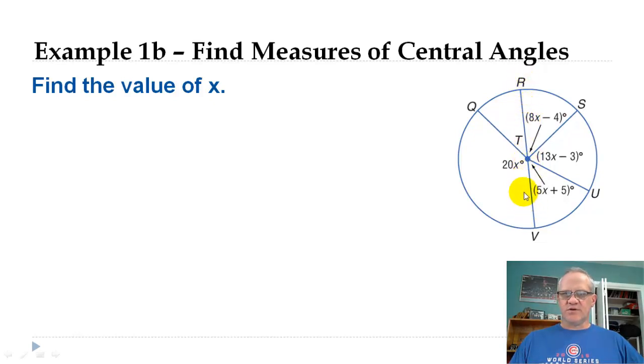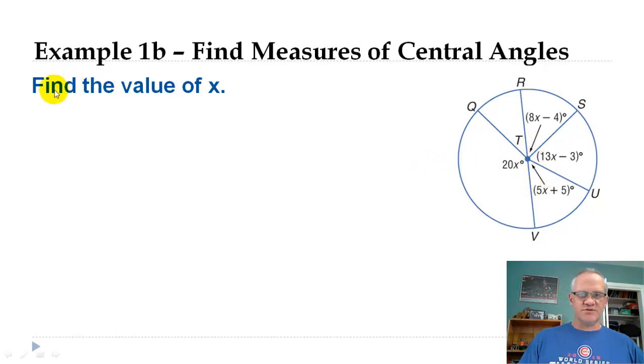Okay, and so if there are 360 degrees total in a circle, and half of that circle, there would be 180, right? And so what we could do is, if you notice here, this angle, RTS right here, STU right here, and UTV right here, those three angles should all add up to be 180.